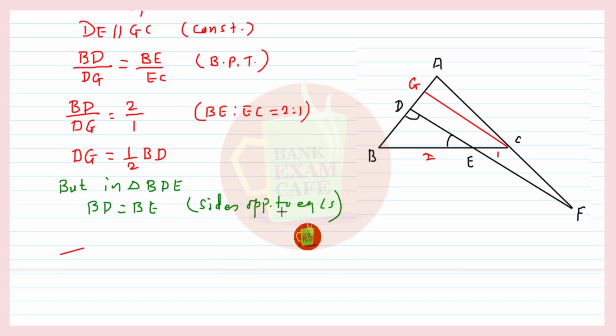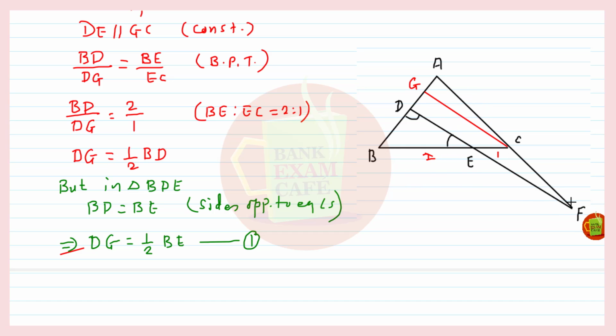Since BD is equal to BE, we can replace here BD by BE and we get DG. Therefore DG is equal to half of BE. Let this be equation number 1. So what we are getting, DG is half of BE.